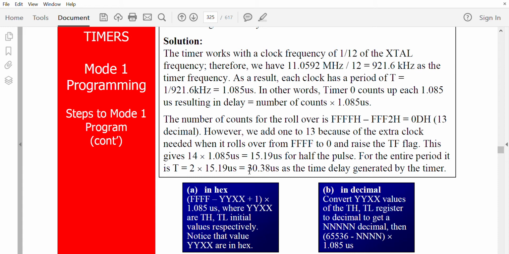So if in the question they change the value of the crystal frequency, you can just divide it by 12, get a frequency, and take the reciprocal of that. You'll get the time period. That time period into the number of counts. You know how to get the number of counts. The number of counts is FFFF minus the initially loaded value plus 1.